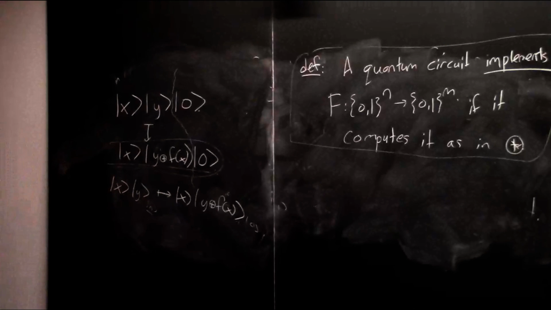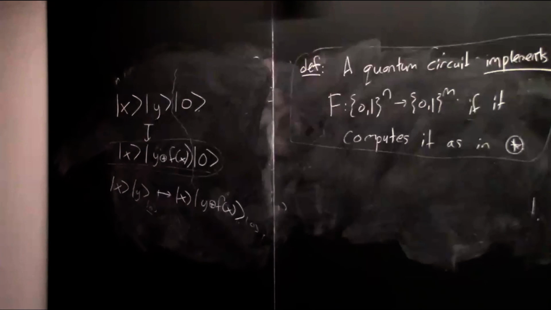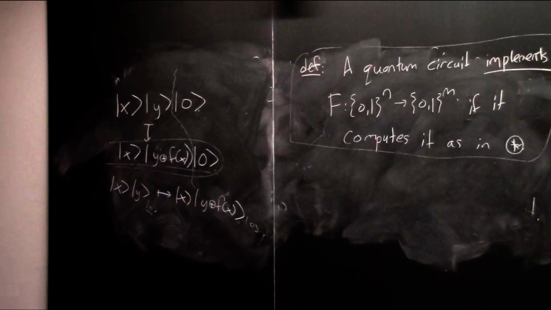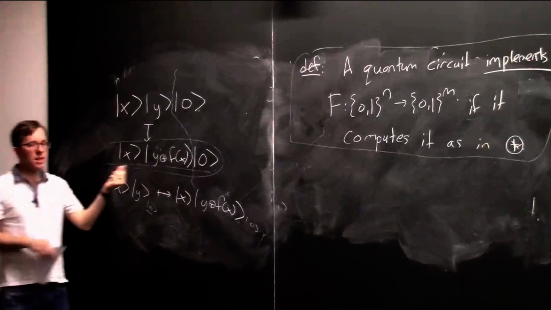So isn't this circuit then also its own inverse? Yep. So what is the reason for which you want to stick y instead of just zeros there? Because getting y XOR f of x just doesn't make sense. Most of the time you would just choose to stick zeros in there.